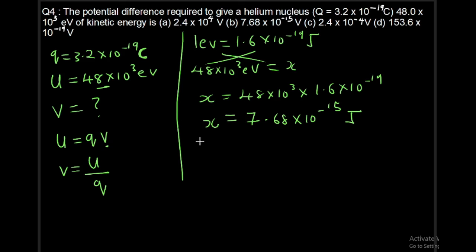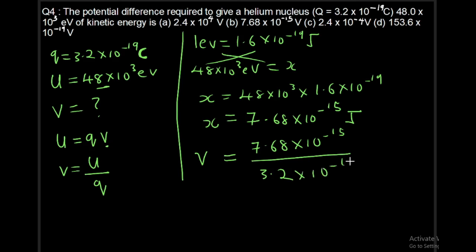Now the potential difference, we can now substitute our values. The energy is 7.68 times 10 raised to the power of minus 15 all over the charge, which is 3.2 times 10 raised to the power of minus 19.